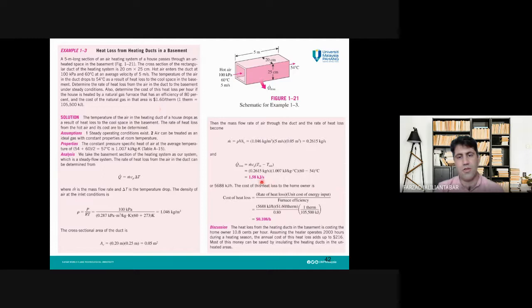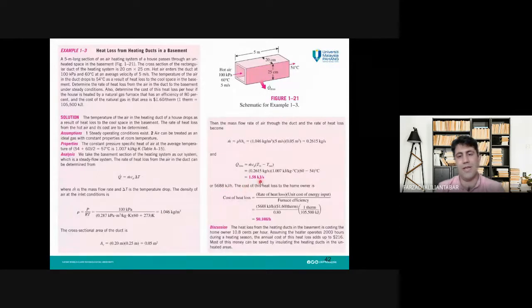So in each second, 1.58 kilojoule energy is lost during transferring hot air to the house. This rate of heat transfer also is equal to 5,688 kilojoule per hour. You need to convert kilojoule per second to kilojoule per hour.